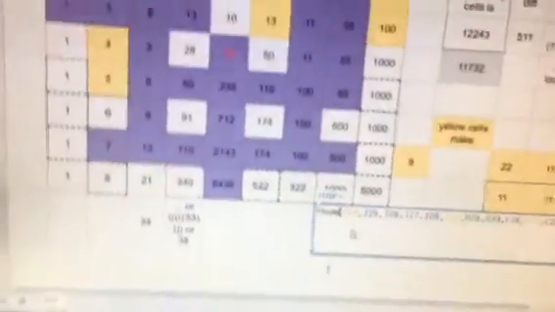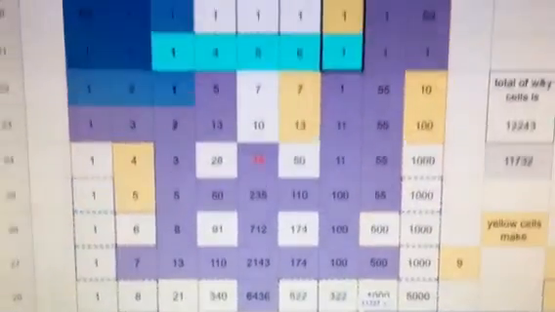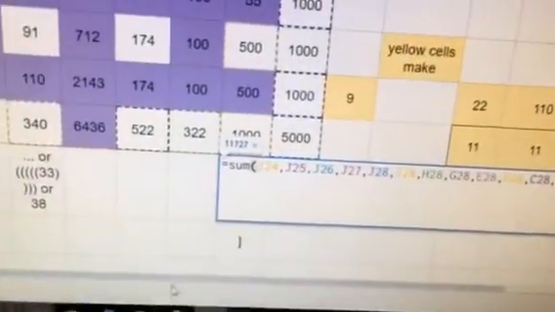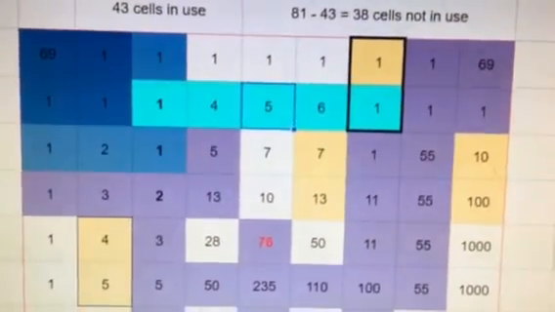Enter. Huh. Those guys, those three, and everything down here. And then I'm off by 5. I'm off by 5.